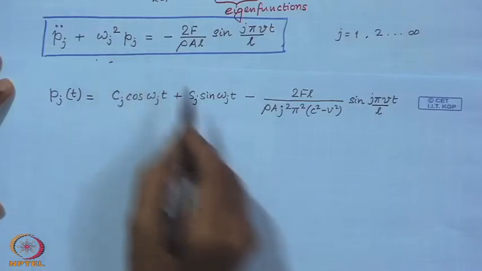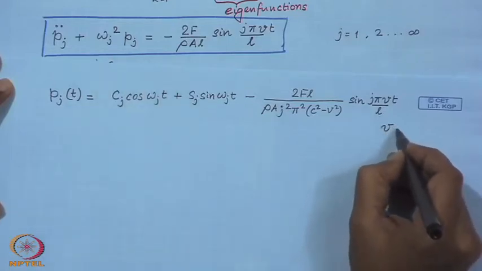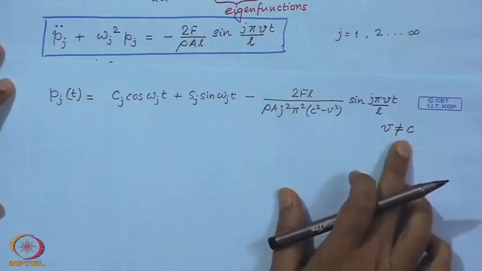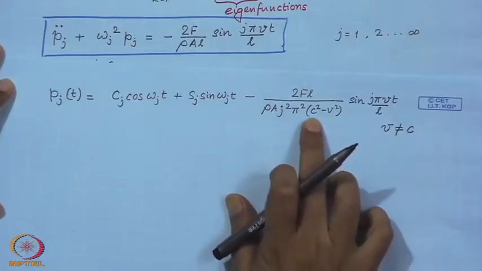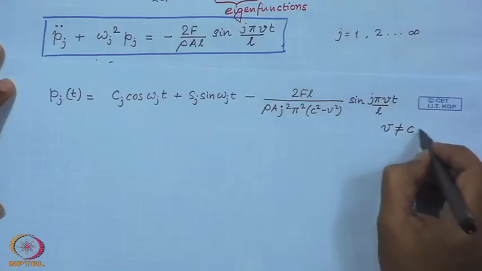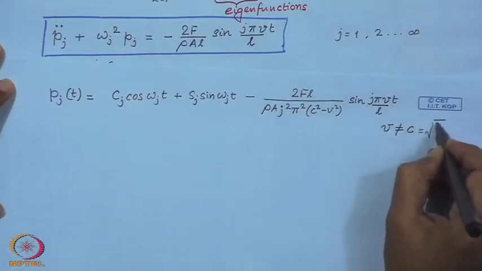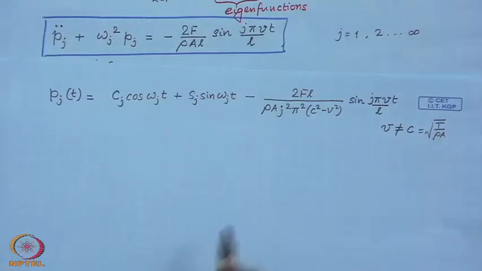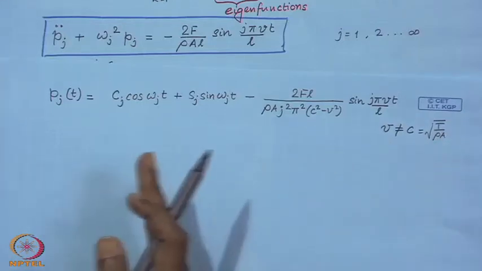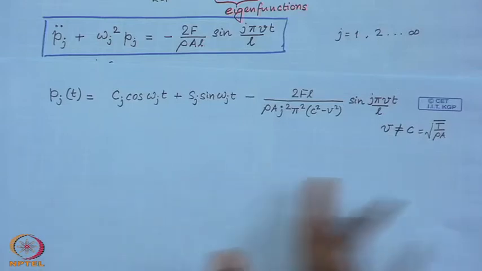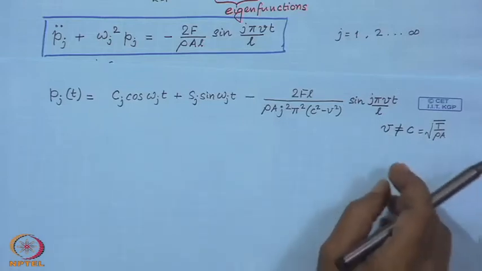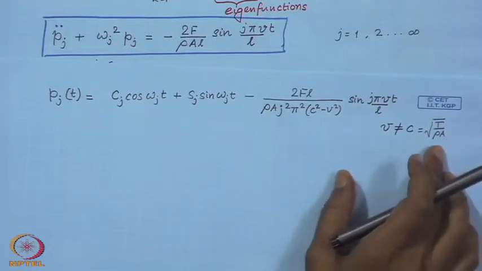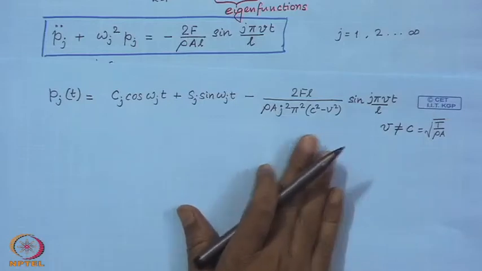this is the solution of this equation provided V is not equal to C, where this C is the speed of transverse waves in the string. As long as the speed of travel of this force is different from C, is less than C, for example, this is going to be the solution.